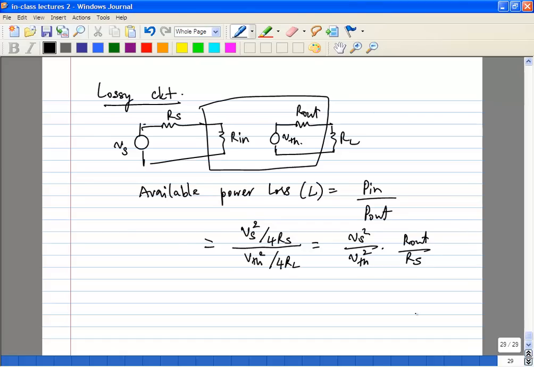And you can also show this for a general passive circuit. We define the available power gain as P out over Pn.